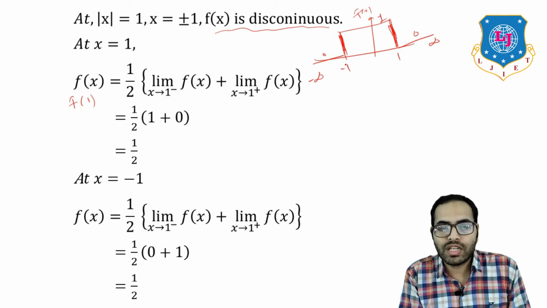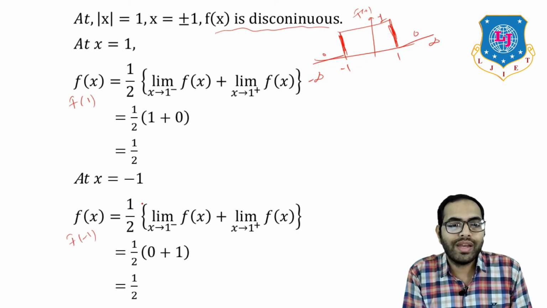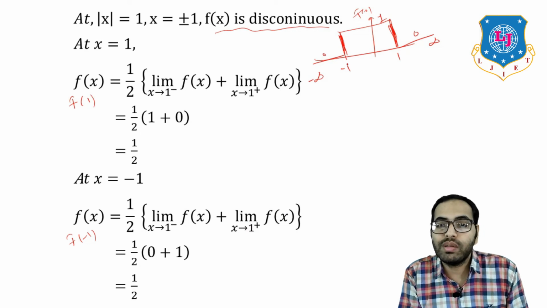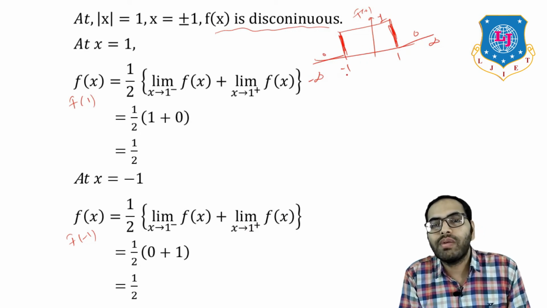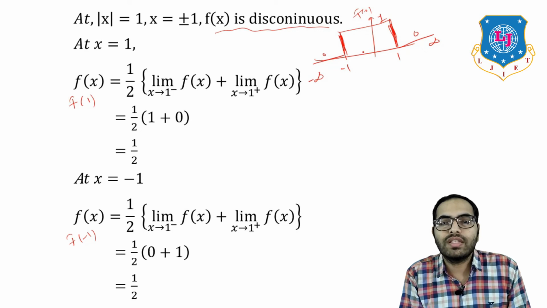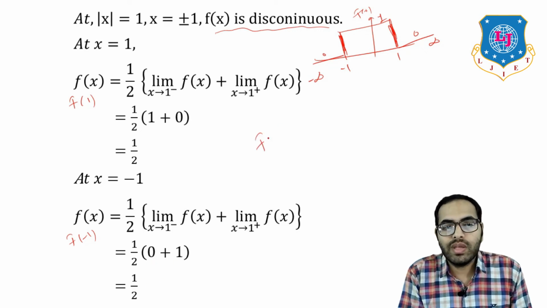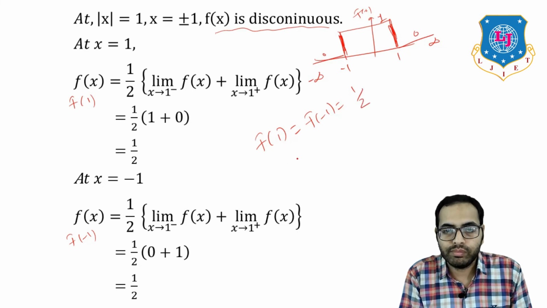Similarly at minus 1, before and after the minus 1, f of minus 1 equals 1 half of the limit from the left plus the limit from the right. Substituting 0 and 1, we get 1 half of 0 plus 1, which is 1 half. So the values of f of 1 and f of minus 1 are 1 half.